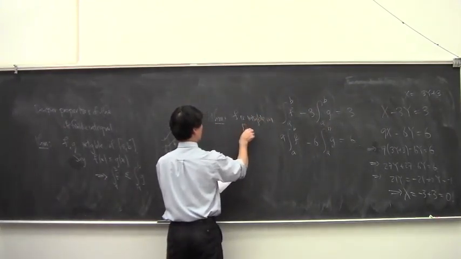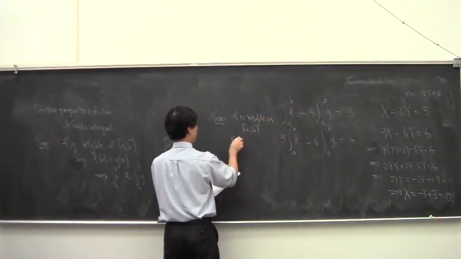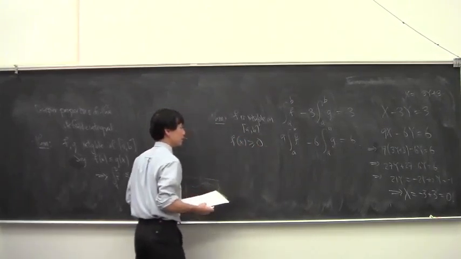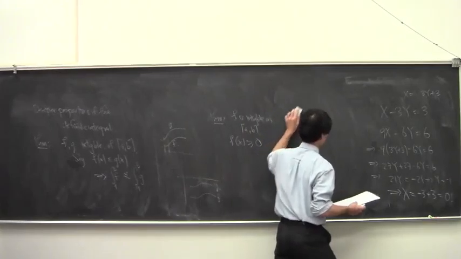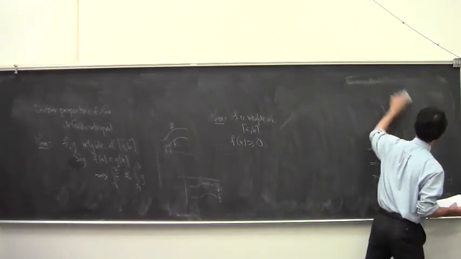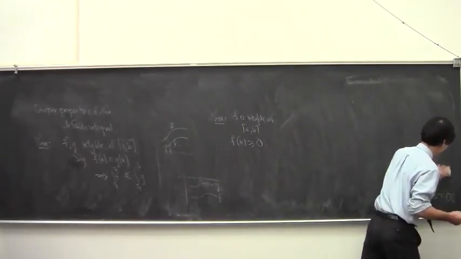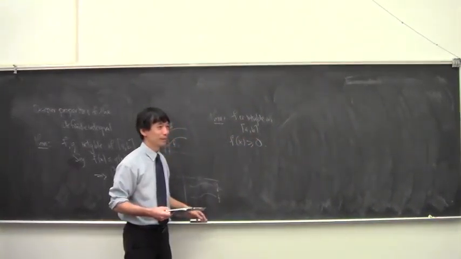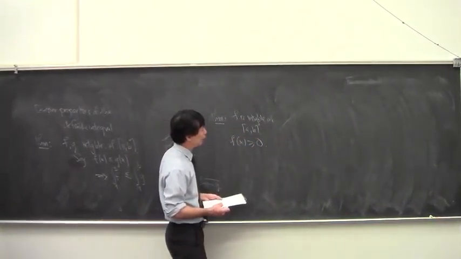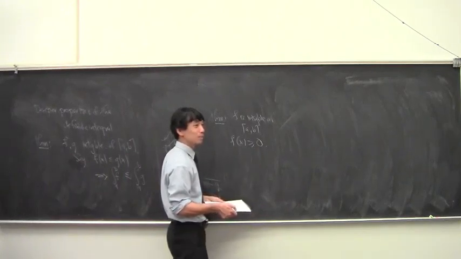Okay. Along the same lines, if f is integrable on [a,b] and f is bigger than 0, then what can you say about the integral of that? It's positive, yeah.